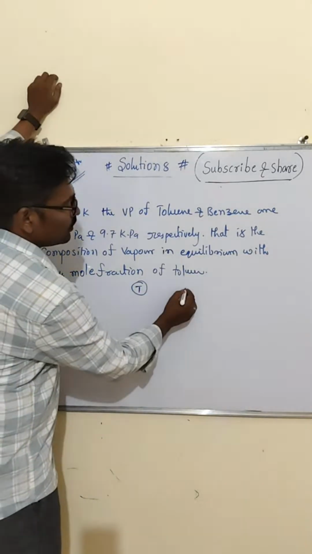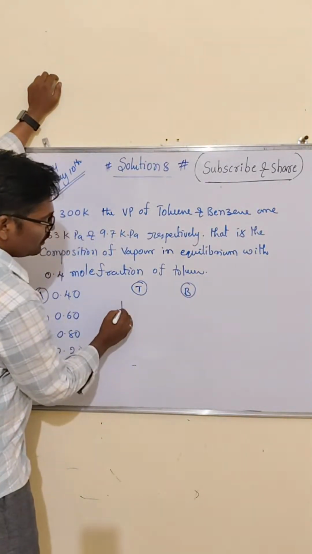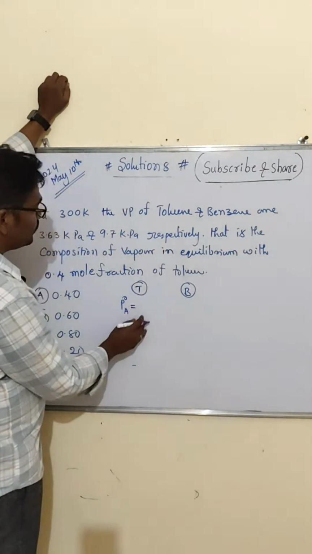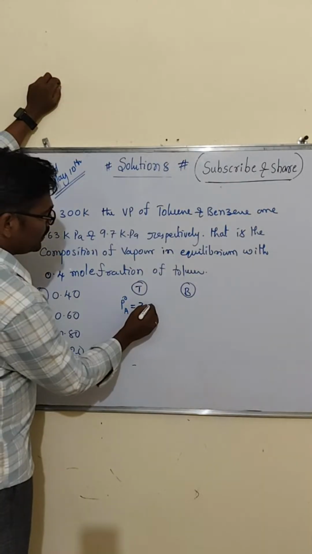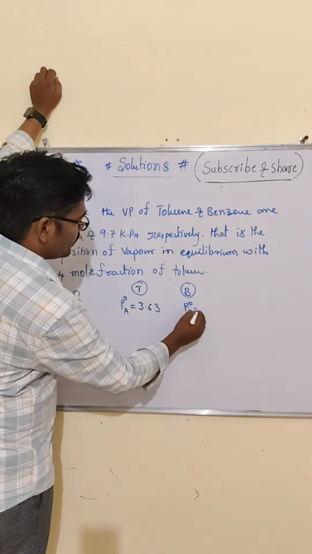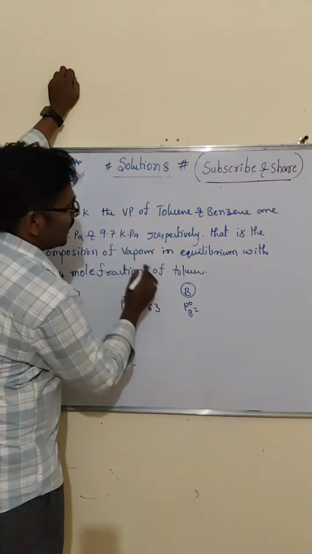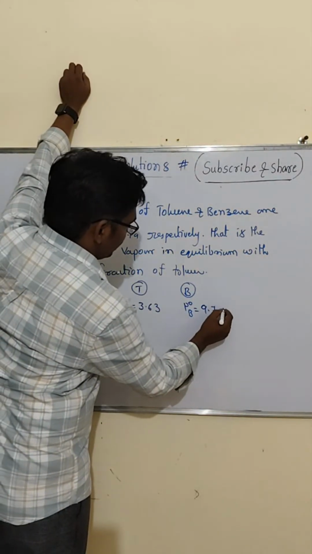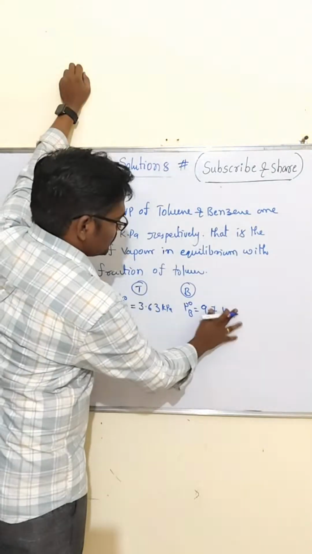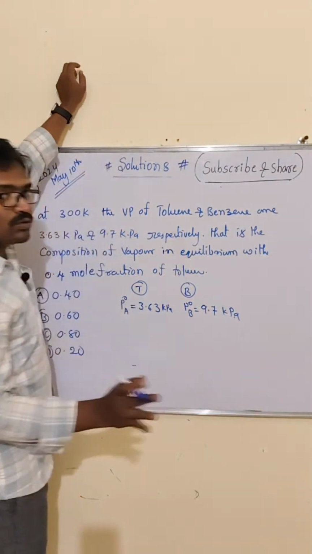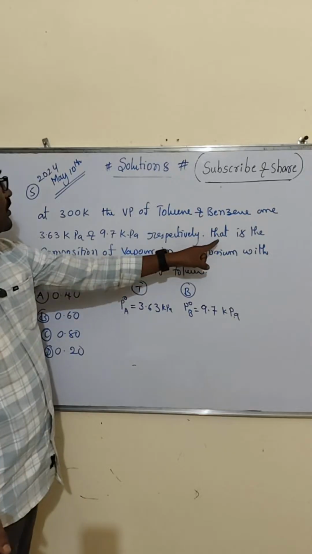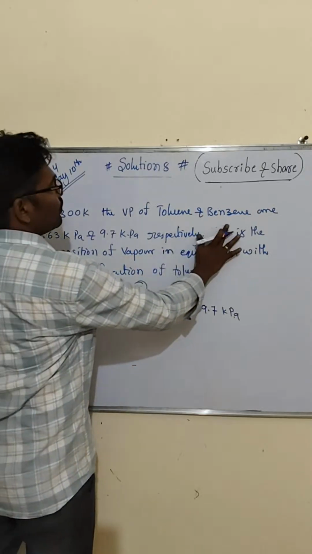One is toluene, the other is benzene. For toluene, assume P naught A equals 3.63 kilopascals. Then assume P naught B is 9.7 kilopascals. Clear? P naught values are mentioned for both. Then, what is the composition?